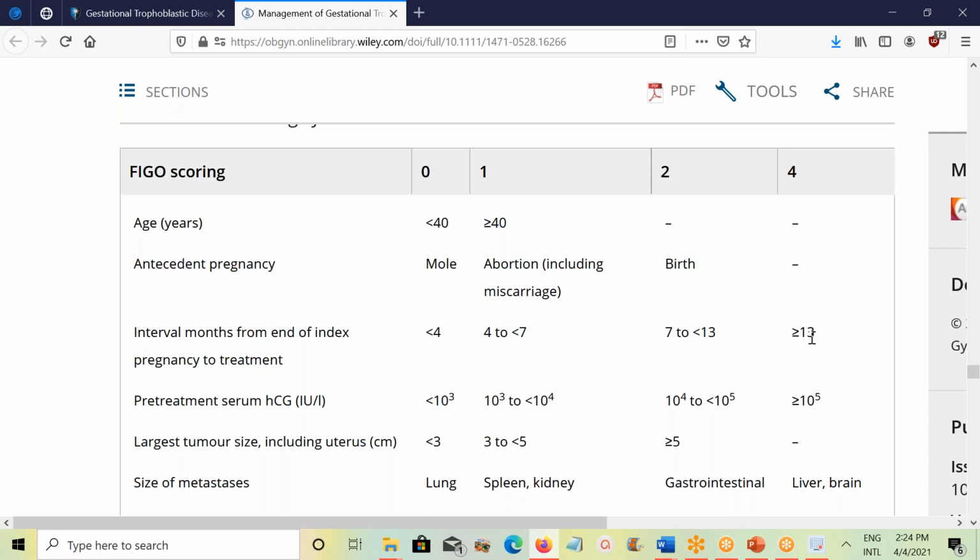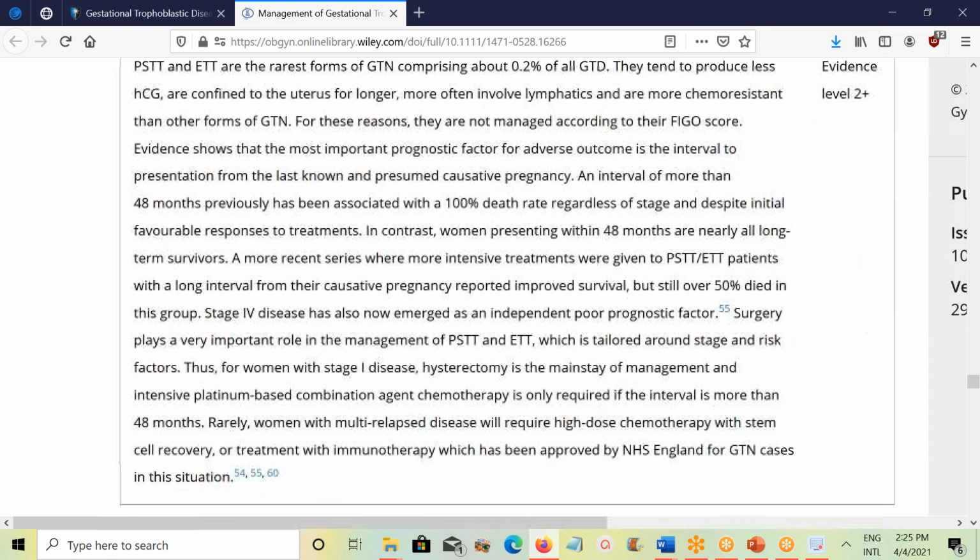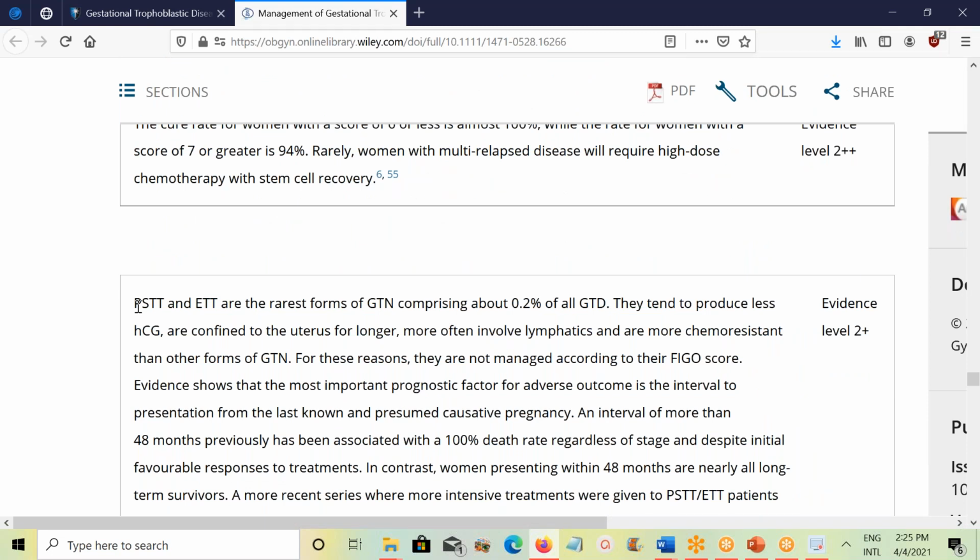The treatment is difficult because they are resistant to chemotherapy, so maybe they are treated with radiotherapy, and that is also a poor prognosis. If you come here, all of this information is given in this paragraph, which is very important.